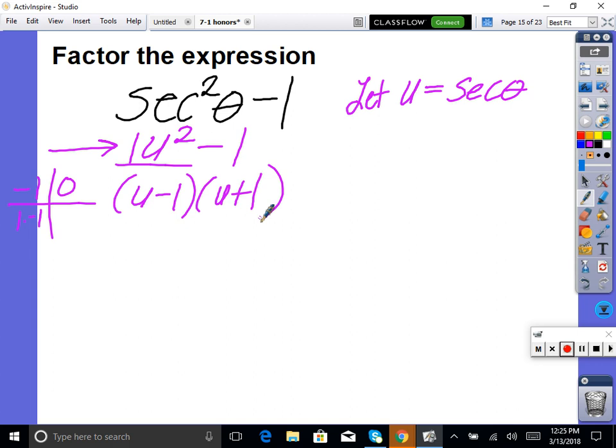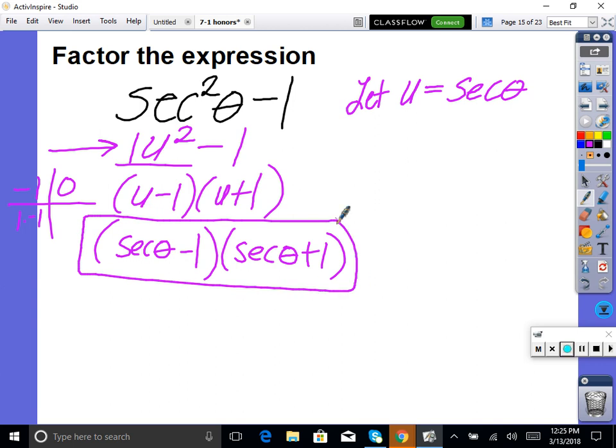Now I have to just go and put in what U really is. So U was really secant theta, so we have secant theta minus 1, and then secant theta plus 1. We just factored it using a U substitution to make it easier on us. Then you can check your answer, because if you multiply it out, it should end up back at the beginning, and it would. Everybody good?